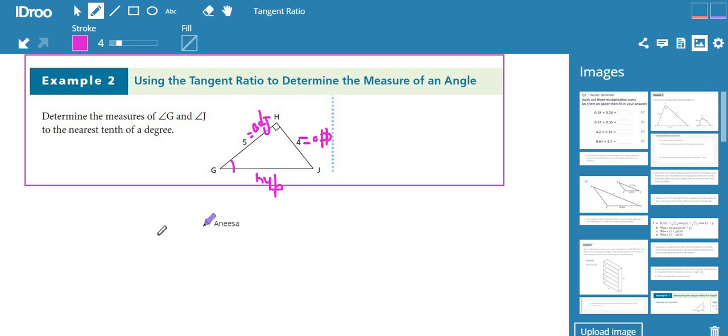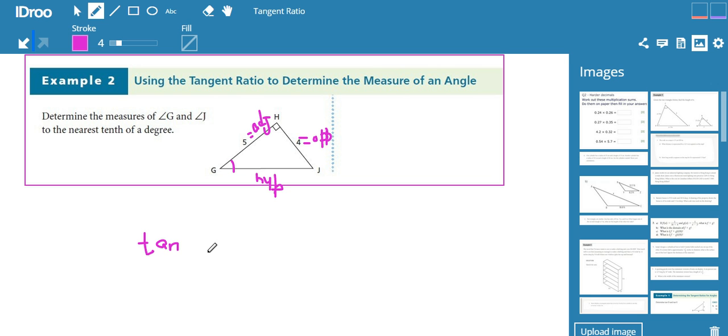We have to use a trigonometric ratio that includes these two things, 5 and 4, because we have these two givens and the hypotenuse is not given. We're not going to use any trigonometric ratio which includes the hypotenuse here. So it would have to be tangent.